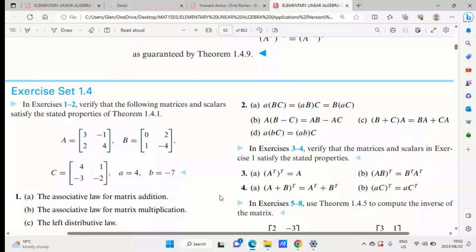So we work out 4 times 3 plus 2 times negative 6. 4 times 3 gives us 12, and 2 times negative 3 gives us negative 6. 12 plus negative 6 gives us 6. So that's the order in which we work when multiplying matrices.